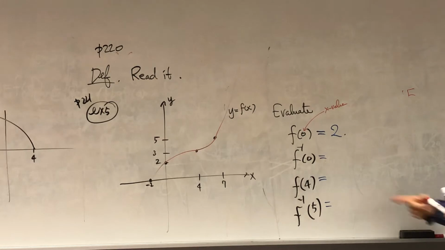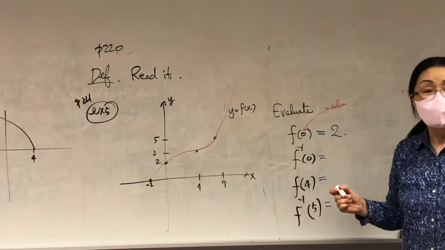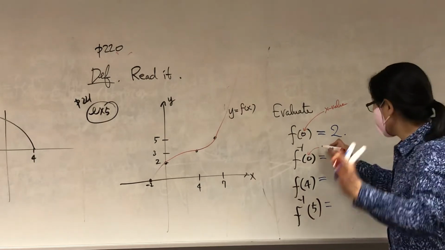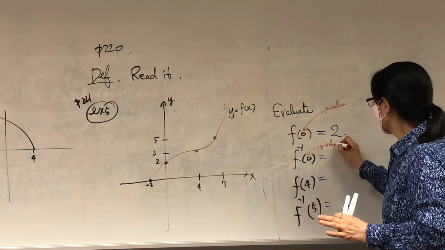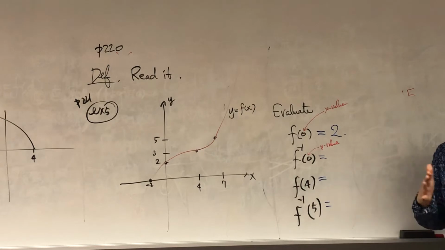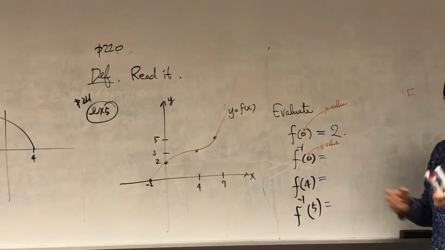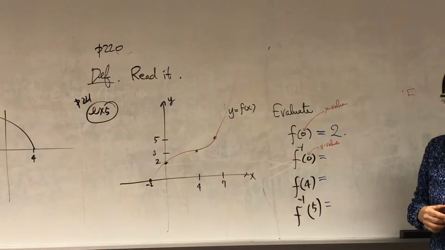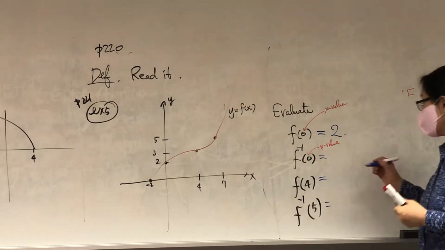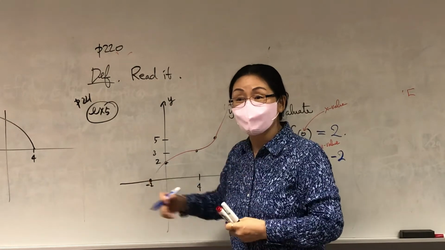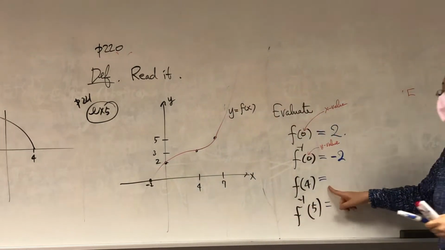In this case, this is f inverse, right? Is this value an x value or a y value? Now it's the y value, very good. So read the y value at 0. This whole thing should be the x value. What's the answer? Negative 2. Very good. When y equals 0, your x value is negative 2.